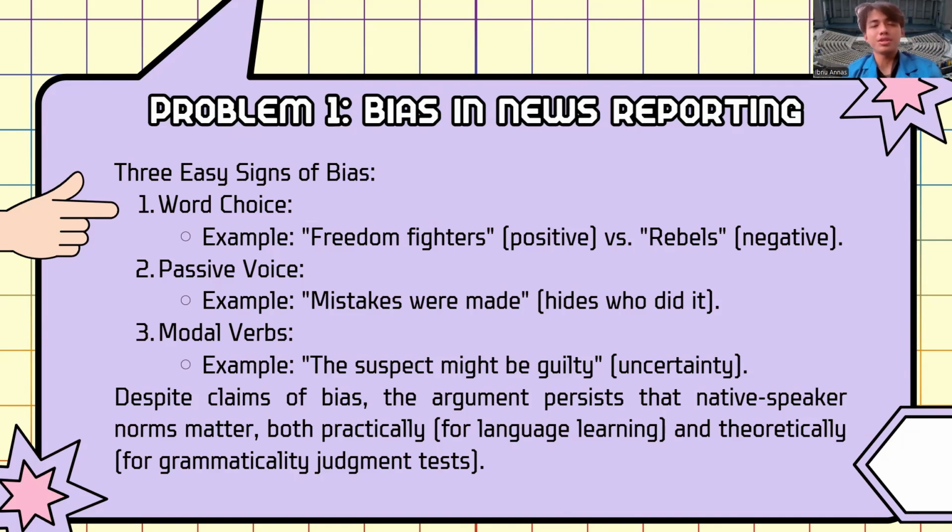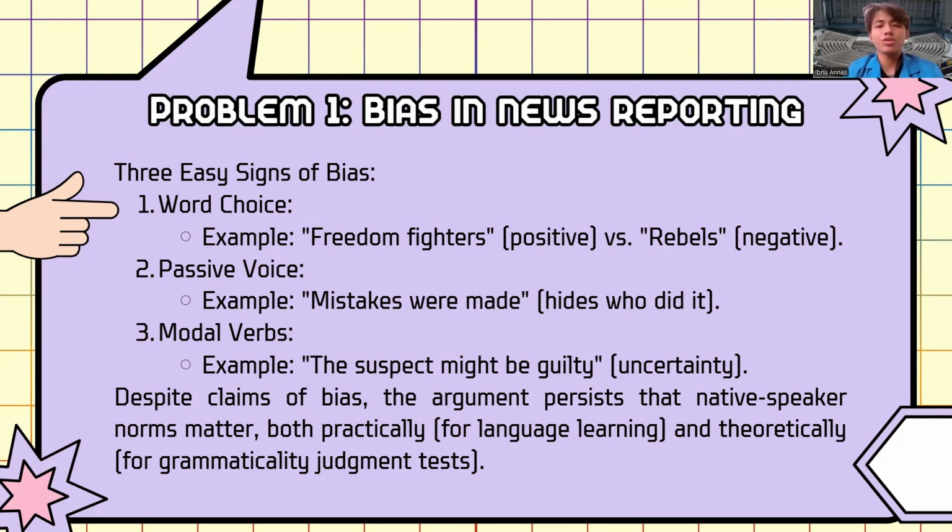We can focus on three main features: word choice, passive voice, and modal verbs. First one, word choice. For example, like I said before, freedom fighters versus rebels. Freedom fighters has a positive meaning, but rebels has a negative meaning in news reporting.